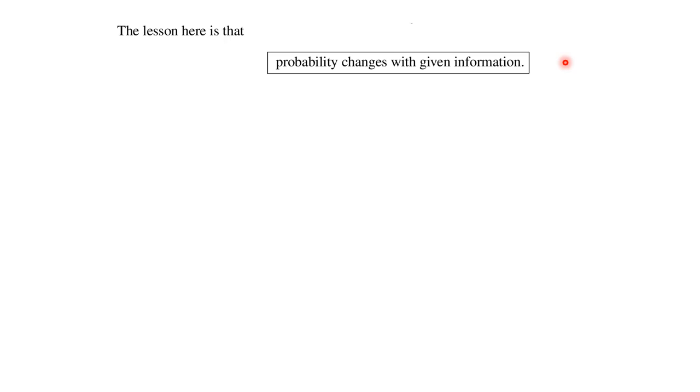That's information coming into the system. If you adopt the switch strategy, then it increases your chances of winning. Remember, the probability of winning with the switch strategy is this factor times the probability of winning with the stay strategy. And this factor, initially, when n was 3, was 2. It doubles your probability of winning if you adopt this strategy.